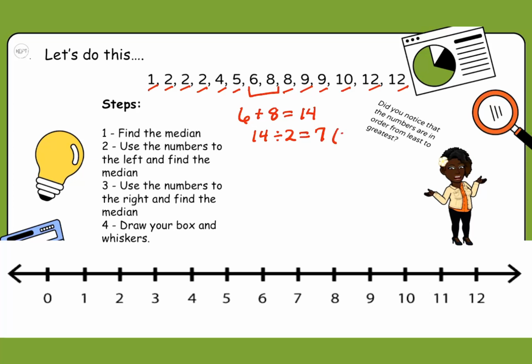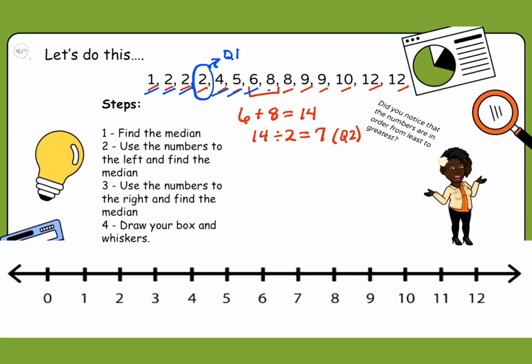Our Q2 is 7. Next, we're going to use the numbers to the left and find the median of those. So we have 1, 6, 2, 5, 2, 4, and then our Q1 would be 2. Now we're going to do that with the right side, the exact same process.